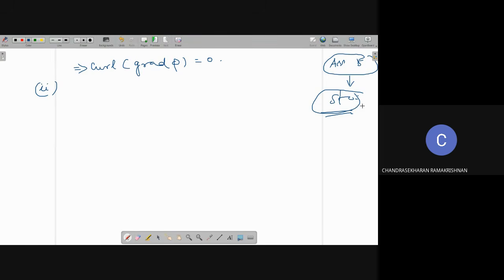Karthikeyan and Chandrasekhar also asked the same doubt. I replied only to Karthikeyan. Sorry, I forgot to reply to Chandrasekhar. I will reply to you after finishing this class.